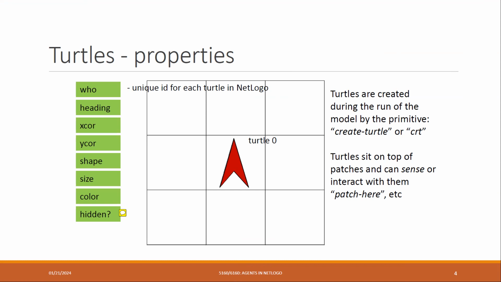And then there are some attributes, variables that you can make up. Okay, so turtles are created during the run of the model by the primitive, the command named create-turtles. So you can make a command like create-turtles or CRT, and then the number of turtles you want. So if you want to make 3 turtles, then we can just put CRT 3. That's all.